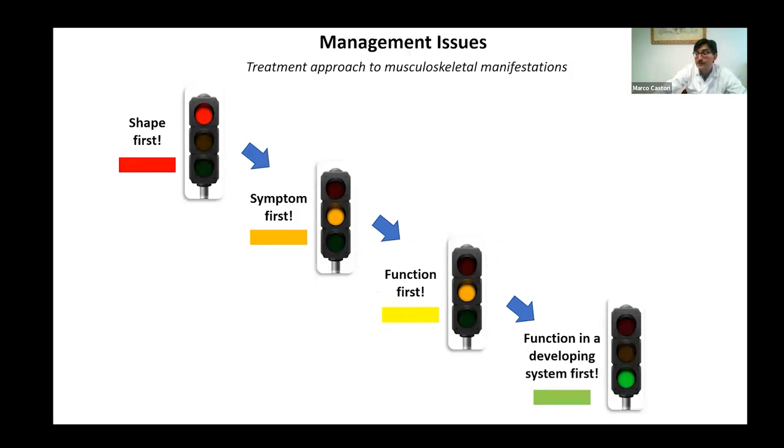Unfortunately, concepts that suggest pleiotropy, joint instability, and the ubiquitous nature of connective tissues seem numbers rather than formulas. Accordingly, a wider perspective is needed also for the treatment of joint hypermobility. Concerning the musculoskeletal system, shape and perhaps symptoms should not guide the choice. Function in a developing system should represent the mainstay for choosing the most adequate approach.